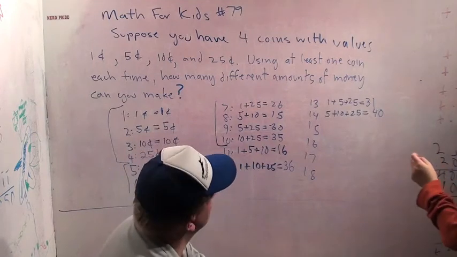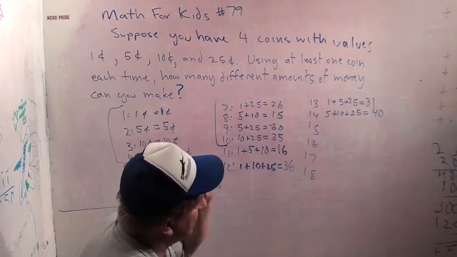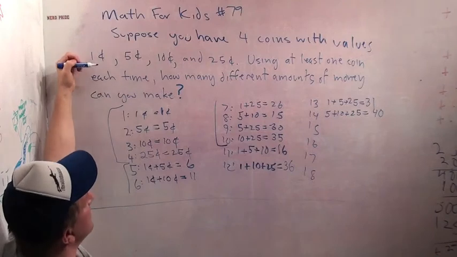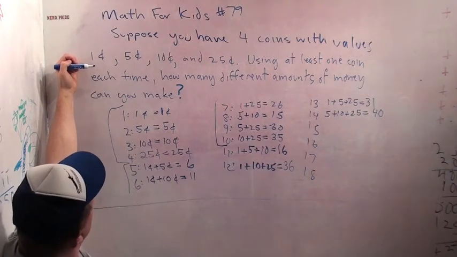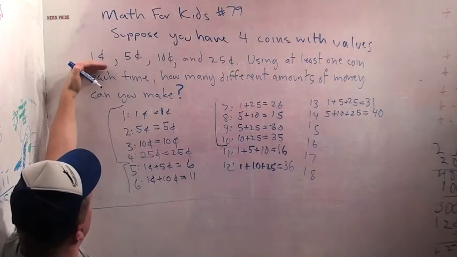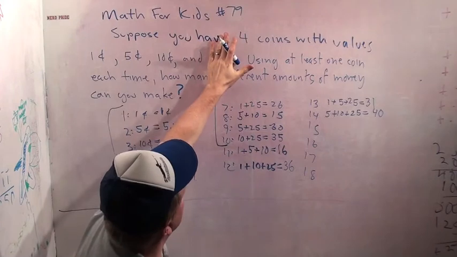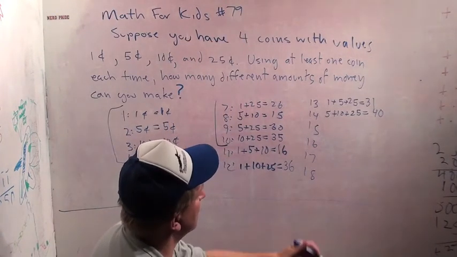No. And here's why. If you're going to pick 3 of these, you're always going to leave 1 out. So you look at the one where you leave out 1, the one where you leave out 5, the one where you leave out 10, and the one where you leave out 25. And that's all of them. So there are also 4 of those.